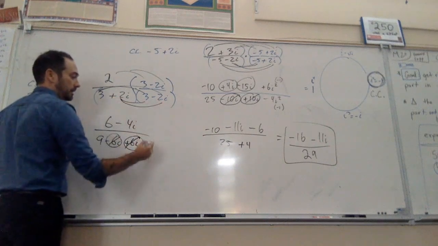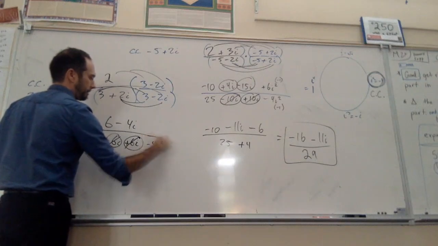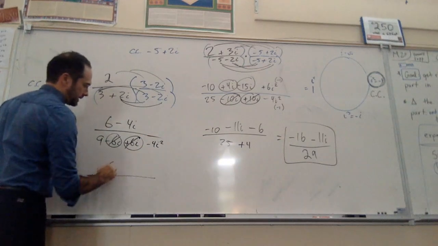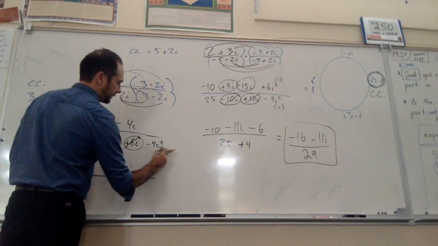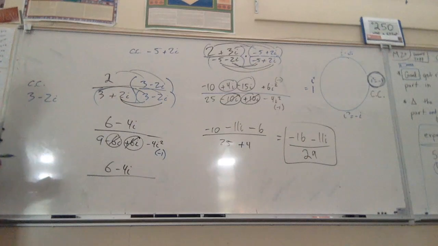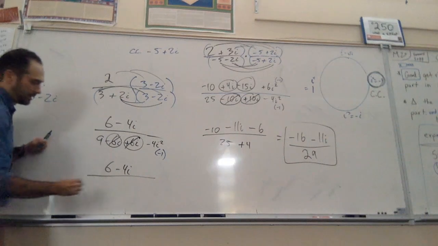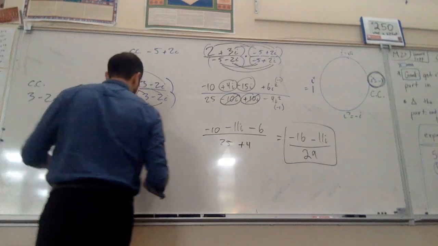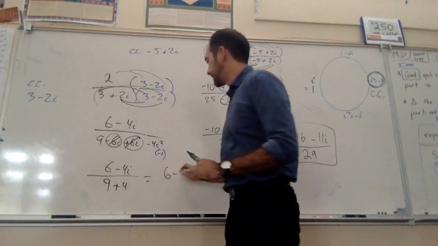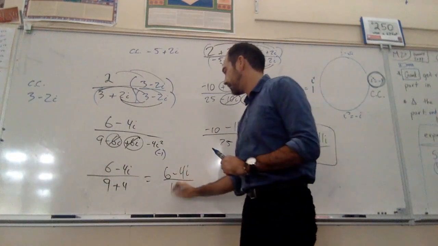Last, minus 4i squared. We know this is equivalent to negative 1, that i squared. So we can say 9 plus 4. 6 minus 4i over 13.